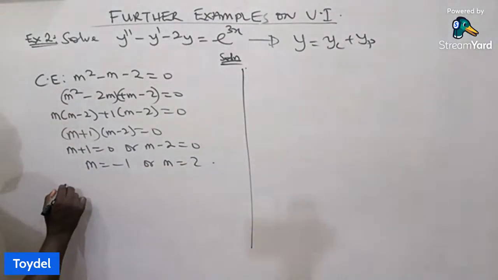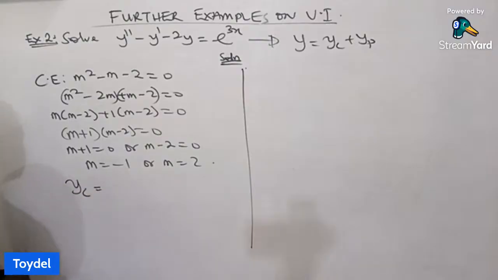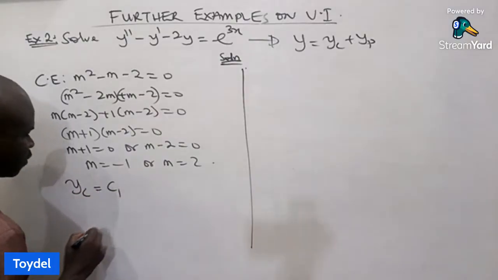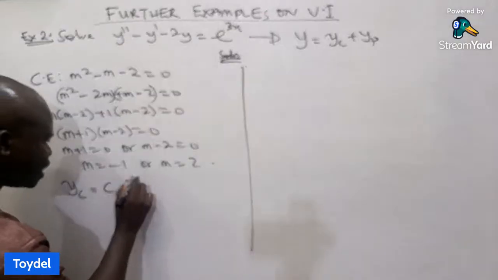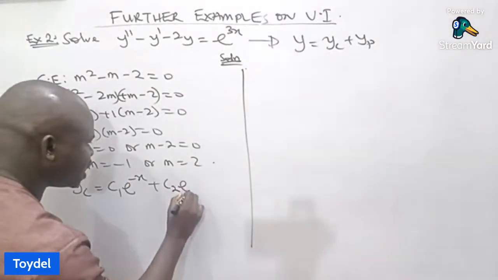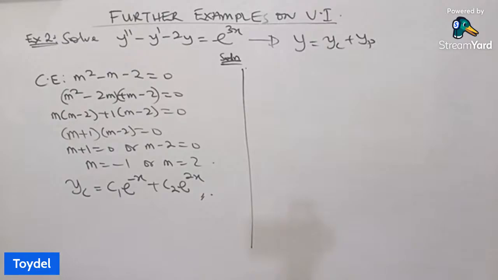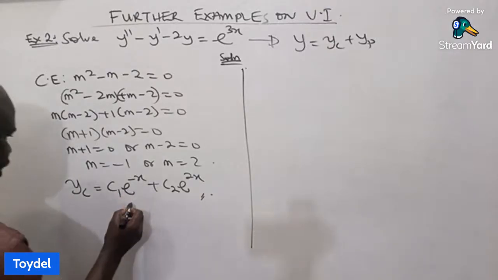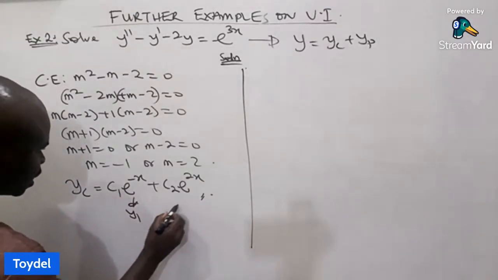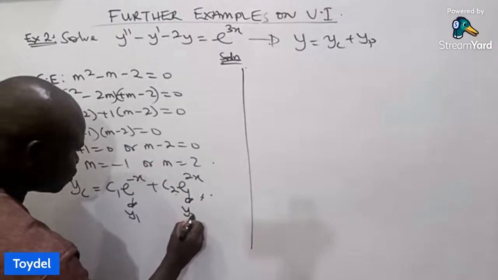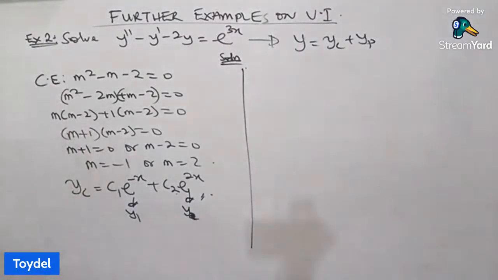So the complementary solution will now be given as c1 e to the minus x plus c2 e to the 2x. So we have gotten the complementary solution. Here this represents y1 and here y2. So how do we get the particular solution?